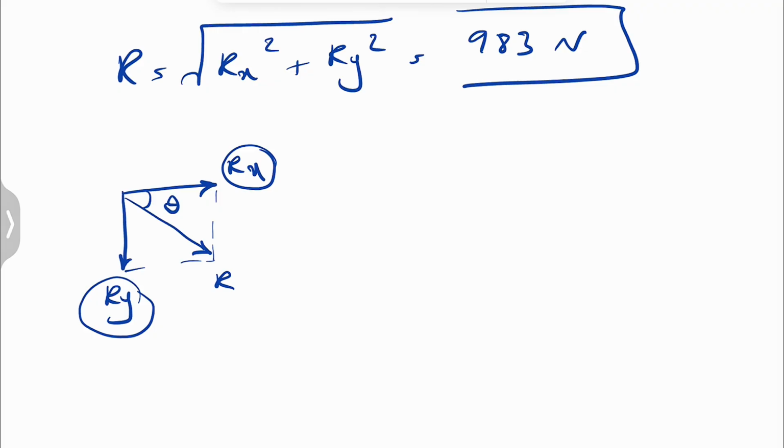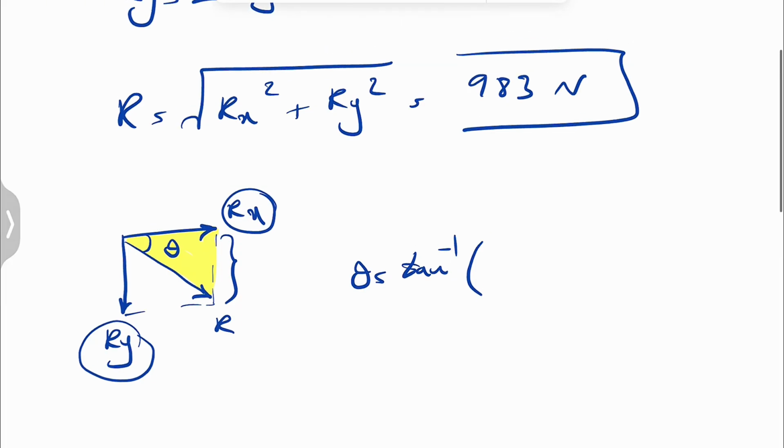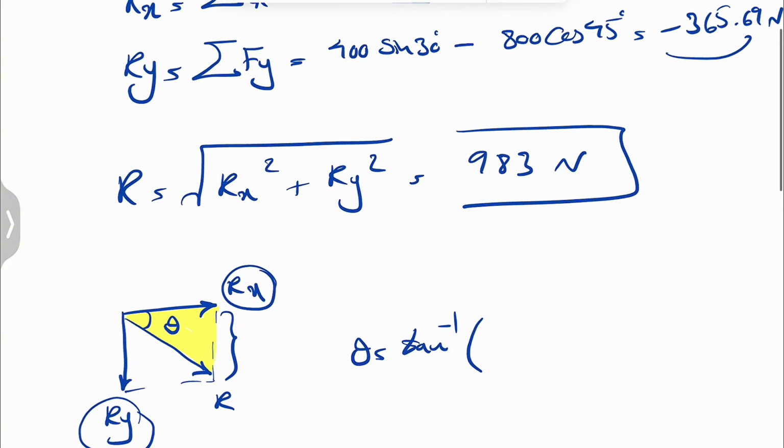So for finding the angle theta, you're just going to consider this right triangle. So if you want to find theta, we basically have tangent inverse of the opposite, which is Ry. So we're just going to put the value because we have a triangle, so all the sides are positive, and we don't need to put the negative sign that we have in here.